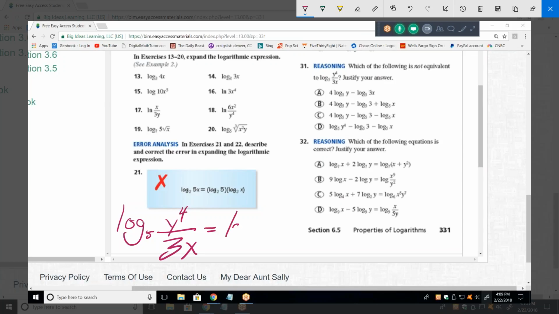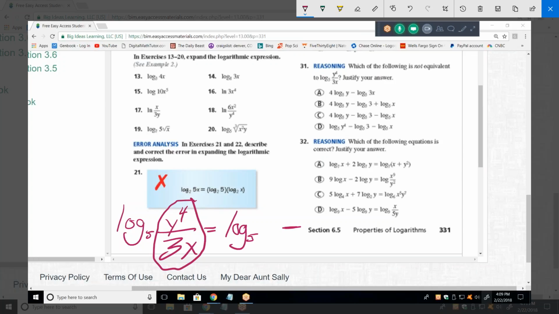First of all, you got division going on in the argument. So what are these 2 log expressions going to be separated by? Minus. When you have division, it becomes subtraction. When you have multiplication, it becomes addition.